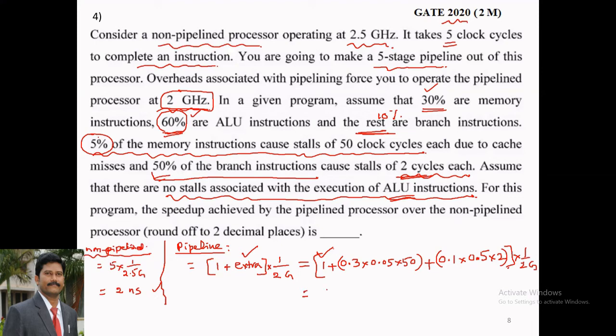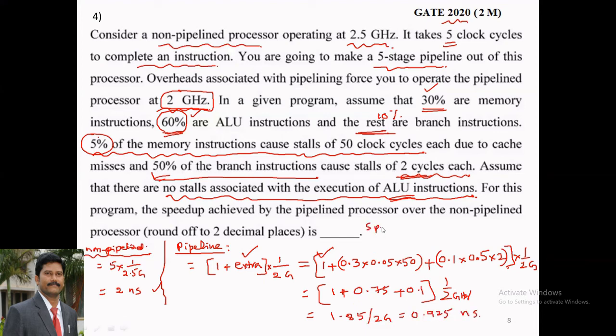Now if you calculate this one, how much will you get? 1 plus 0.75 plus 0.1, into 1 by 2 gigahertz. This equals 1.85 into 0.5, that is 0.925 nanosecond.